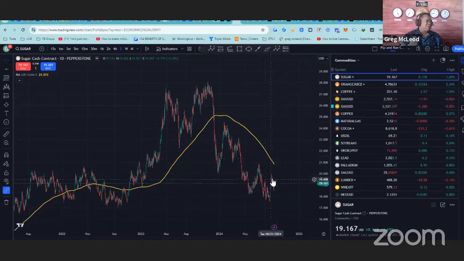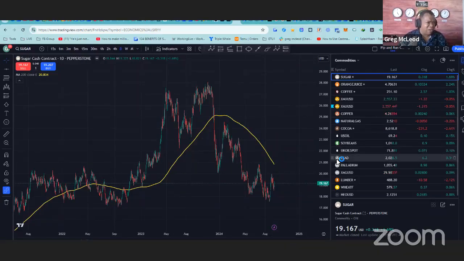It's a powerful move, right? If you want to pass a prop challenge in futures, get long sugar, leave it, and you'll probably pass within a couple of months. But this is what I teach people: technical analysis, the ability to look at charts and forecast price.